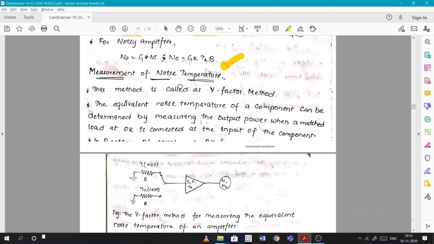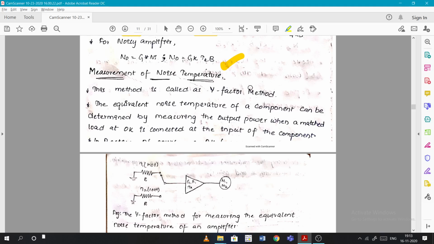Now, measurement of noise temperature. This noise temperature will be found using the Y factor method. This is how it works. We will have two resistors, one at a hot temperature and one at a cold temperature.